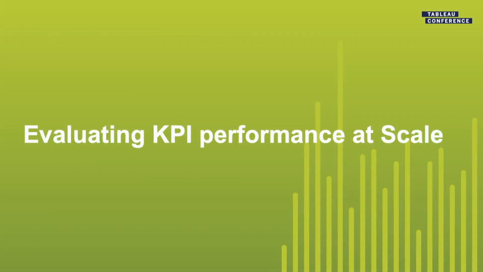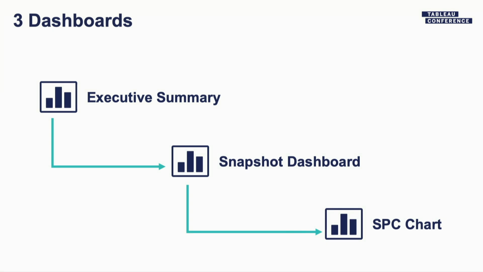All right, so with that, let's dive a bit more into how to evaluate that at scale. We now have a better chart. We can easily read the chart. We can understand what's going on, but it's still pretty hard to read. So in my particular project, I've created 3 dashboards. I have an executive summary, which just shows the different buckets. Is it stable, inform, monitor, or do we need to act?